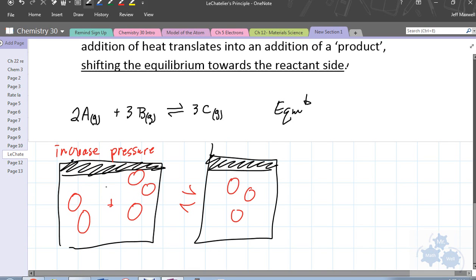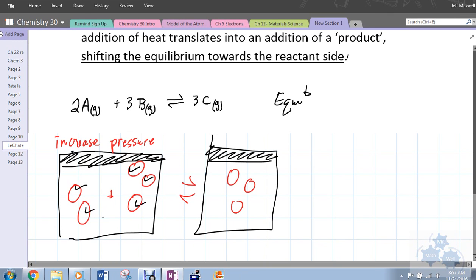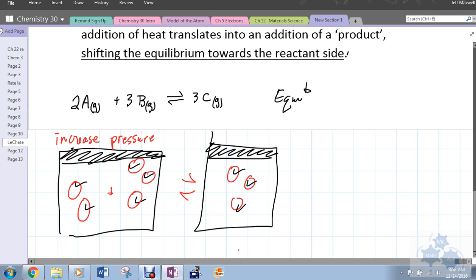What it's going to do is all of those moles are going to be higher in concentration, and the side with the most moles of gas is going to be forced to react more. Okay, so you've got to think about this. We have 1, 2, 3, 4, 5 moles of gas represented on the reactant side, and we have 1, 2, 3 over here. So these are going to bump into each other a little bit more.